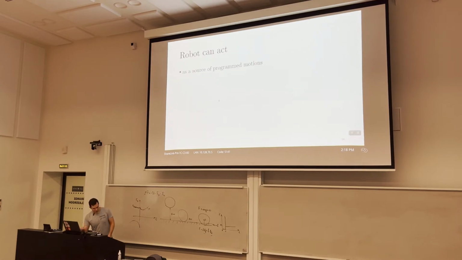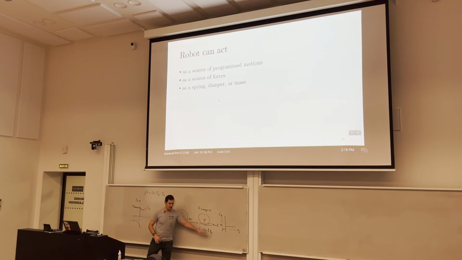All right, so when we talk about a robot, for example, a robot manipulator, the robot can act as a source of motion, a source of forces and torques, or act as a spring, damper or mass, just like this. I mean, this equation is essential for our course.